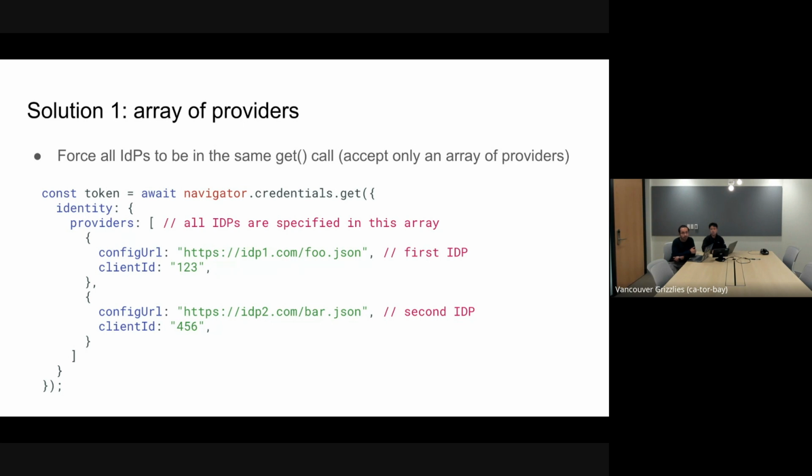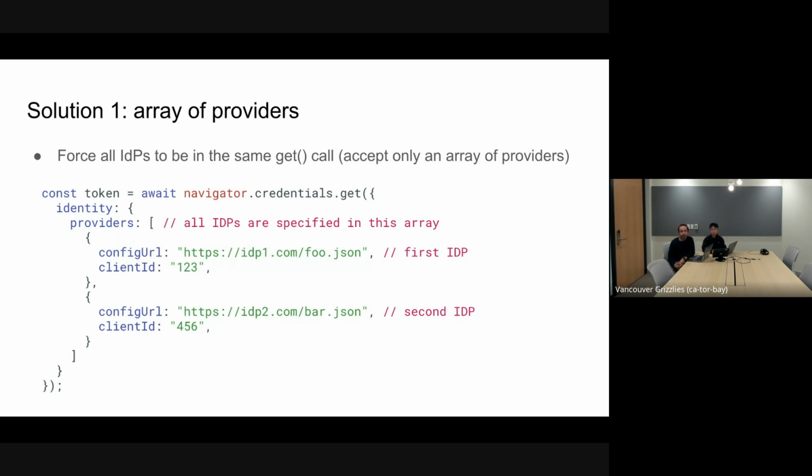Now, as I mentioned, that has some benefits. First benefit, there's no heuristics involved. You will see some of those later. Second benefit, it's relatively easy to understand what's going on. It's still a single navigator.credentials.get call. The developer understands what's going to happen and so on.